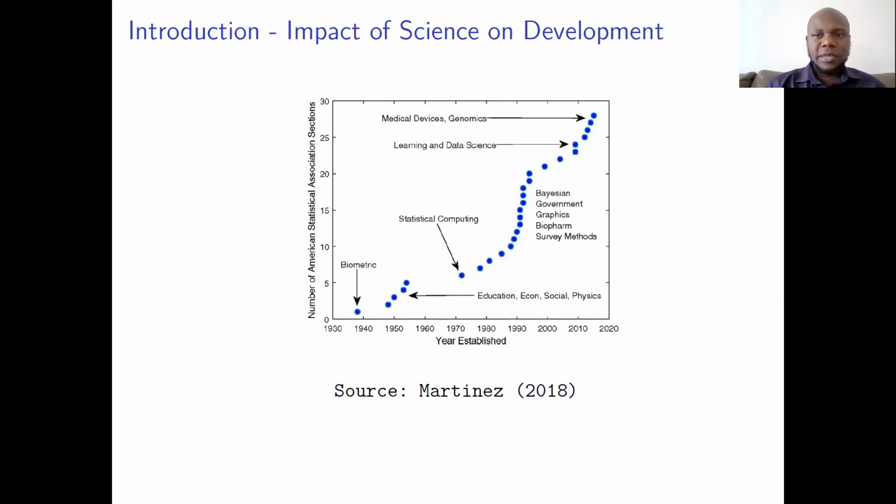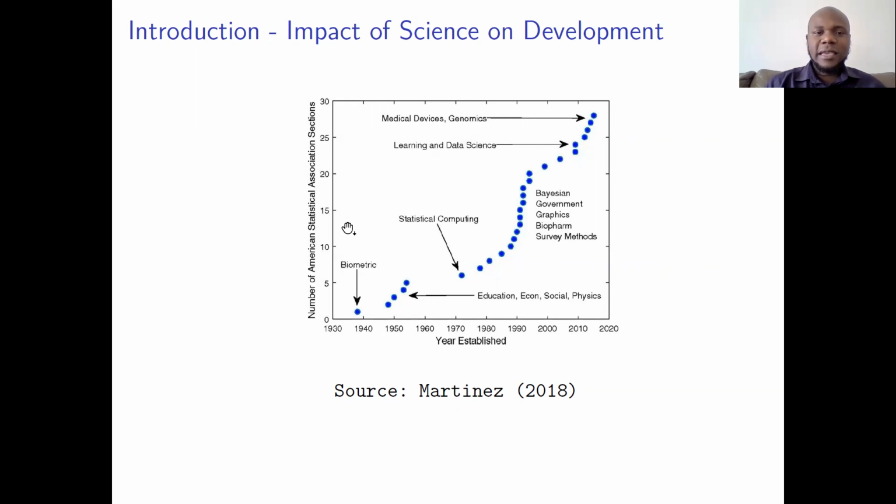Here we see this picture to start with, which is from Martinez 2018, whereby they are showing the association or the correlation between growth in the number of American Statistical Association sections and important milestones in the science of computing.